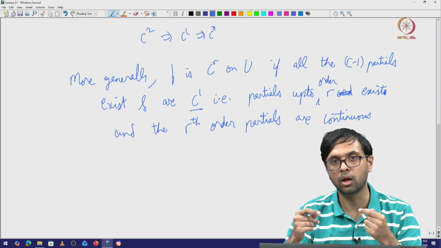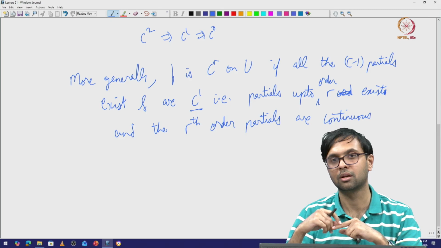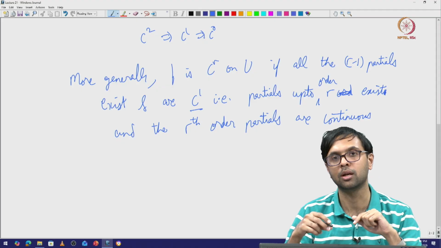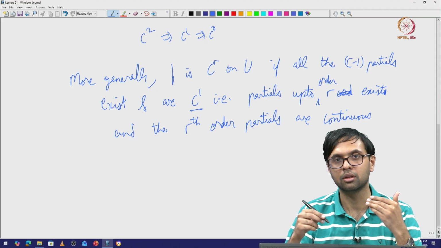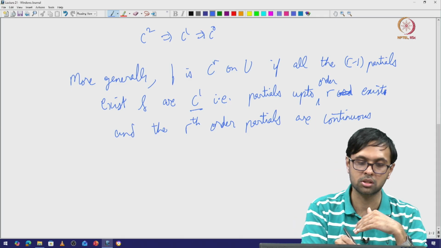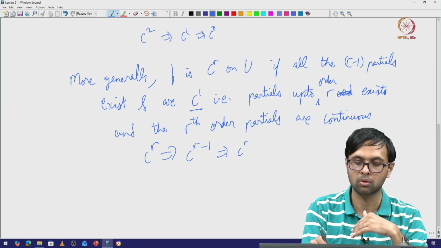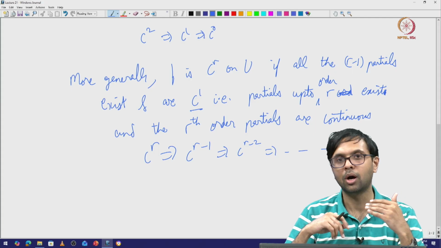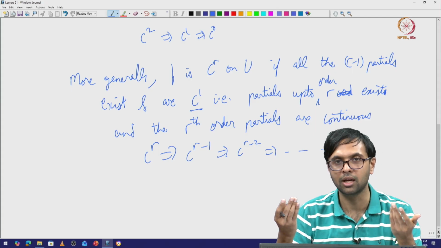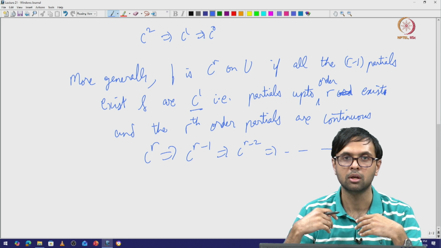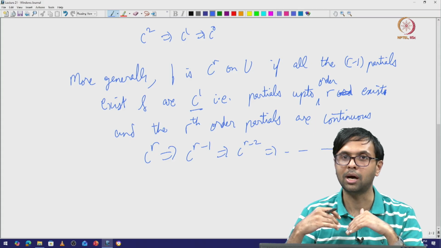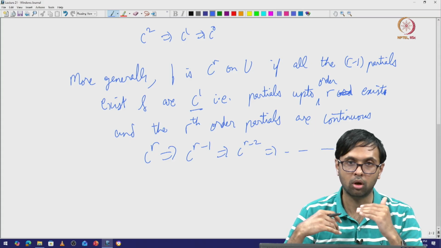Therefore, they are all continuous functions, and you can keep repeating this argument. You can rinse and repeat and say that Cr implies C(r minus 1) and so on. So if you're Cr, you are better than being C(r minus 1). A Cr function is differentiable r times, and all partial derivatives are continuous up to order r.